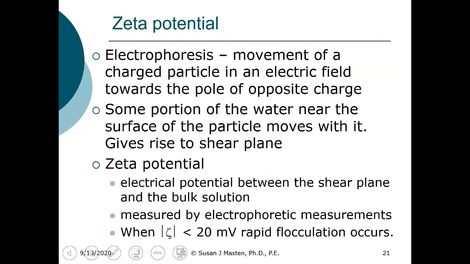Okay. I'm not going to talk a lot about Zeta Potential, but I want you to know that this exists. And basically, Zeta Potential is a way that we measure the movement of a charged particle in an electric field. So you take a water sample, you apply a charge, you measure the movement of that particle towards the pole of opposite charge.